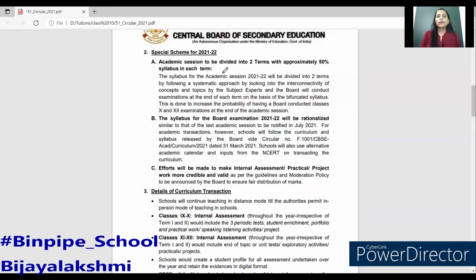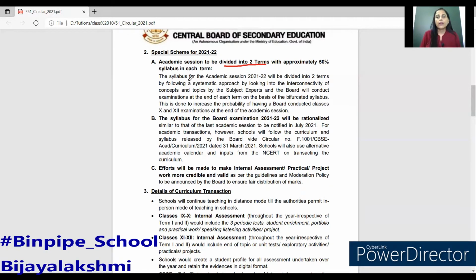we have two academic terms, that is 50% of the syllabus for each of the two terms. So the first 50% will be covered in the first term, and the second 50% will be covered in the second term.